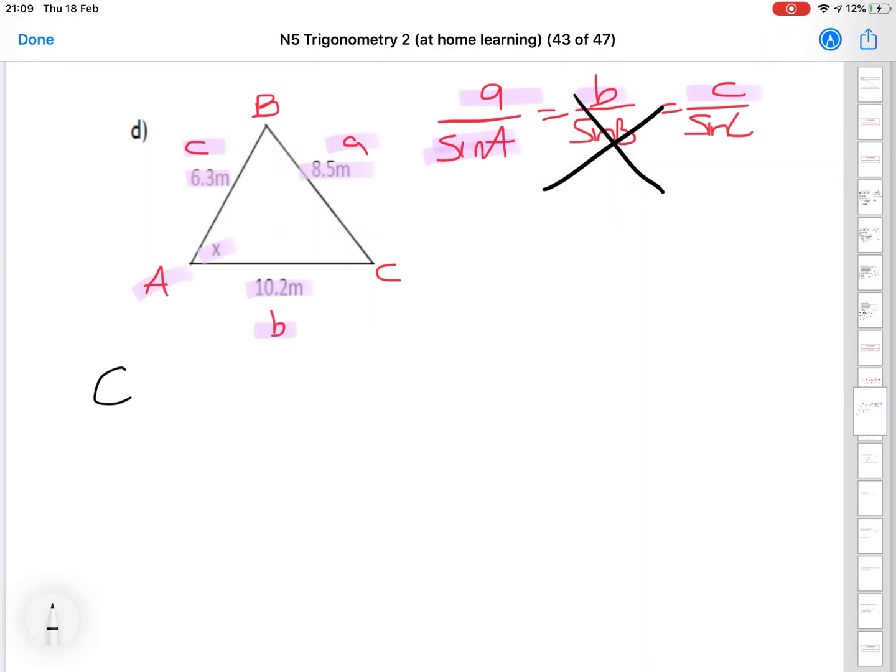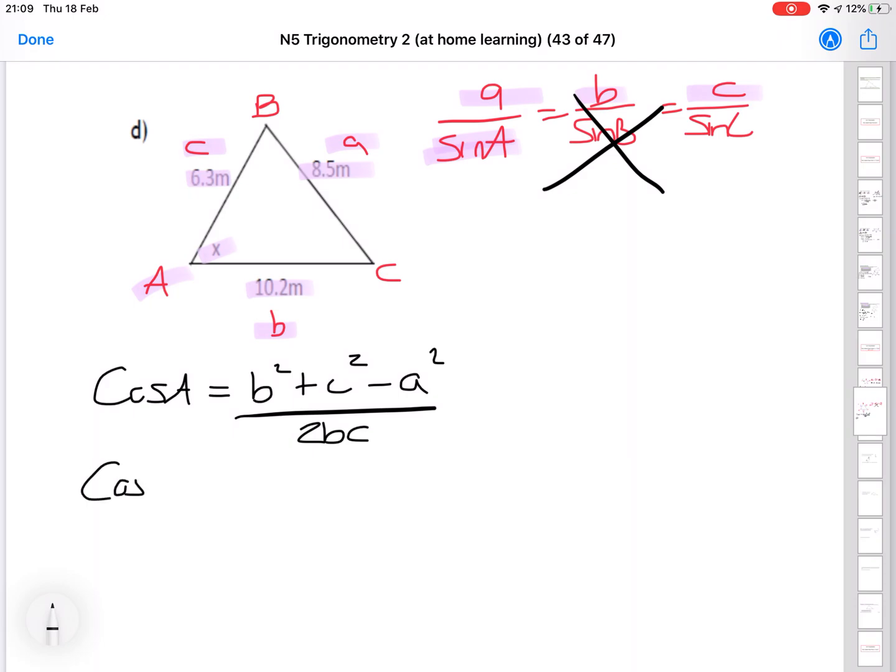So your formula will be cos A equals b squared plus c squared minus a squared, and then that's all going to be over 2bc. So if we go ahead and fill in the numbers from the diagram, we have cos, I'm going to change the a to an x because that's the letter on the diagram, so we're going to write an x in there.